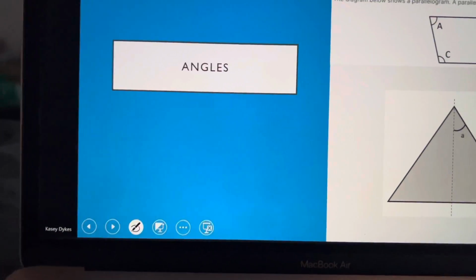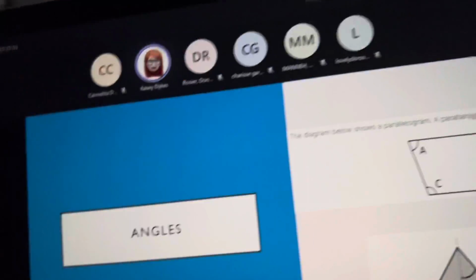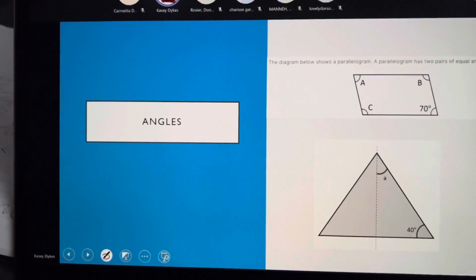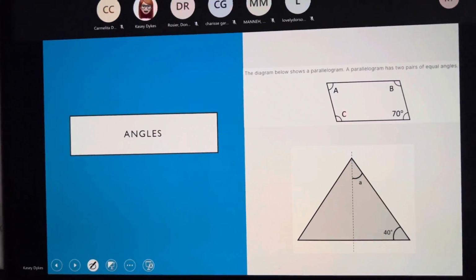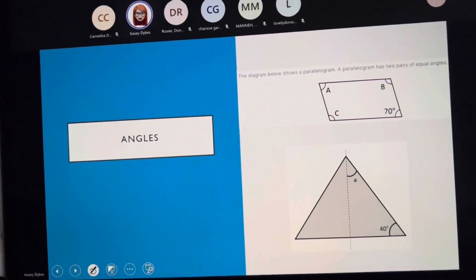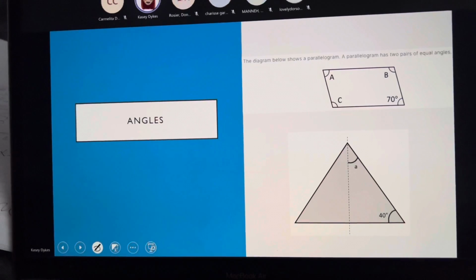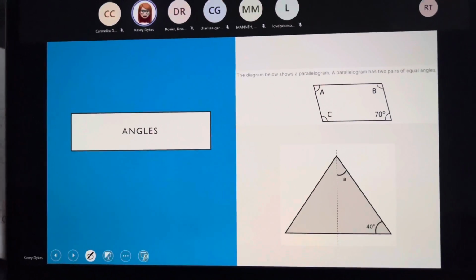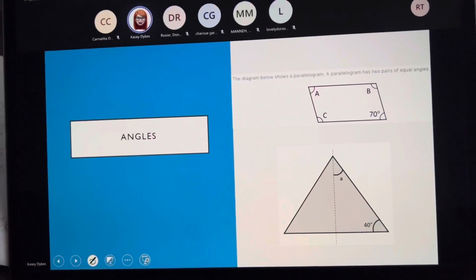Angles questions here. So we've got 2 shapes. First one is a parallelogram. Has 2 pairs of equal angles. And you need to work out what the degrees are for angles A, B and C. And your second one is a triangle.